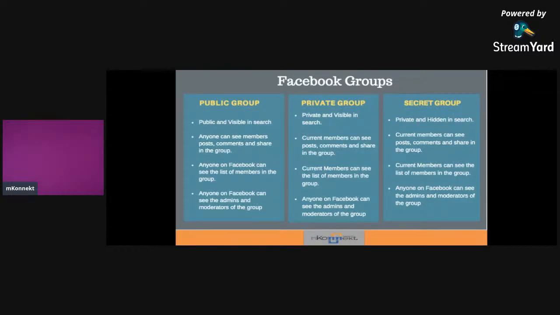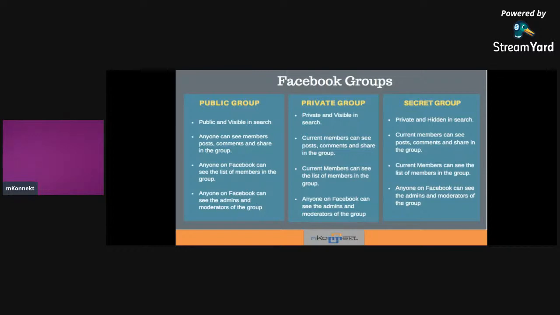In terms of the groups itself, there are three kinds of groups. One is a public group, where anyone can see and anyone can join it. All the comments and everything are open for everyone. The second one is the private group, where only members can be part of the conversations.